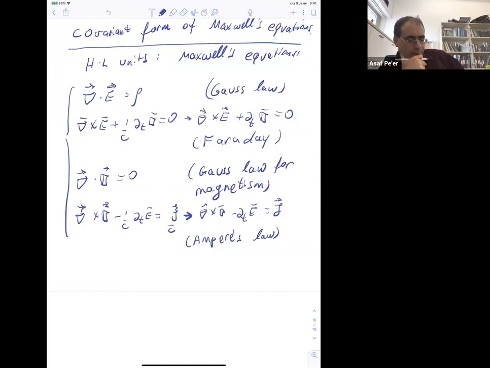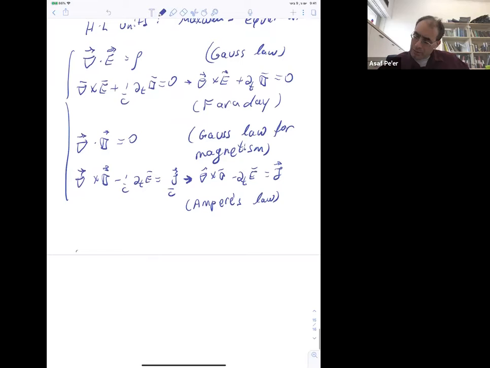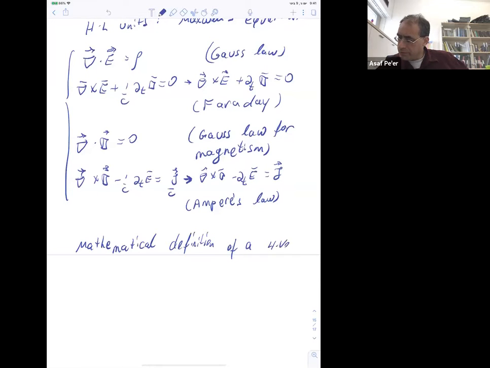So the correct mathematical definition of a 4-vector goes as follows. The mathematical definition of a 4-vector.